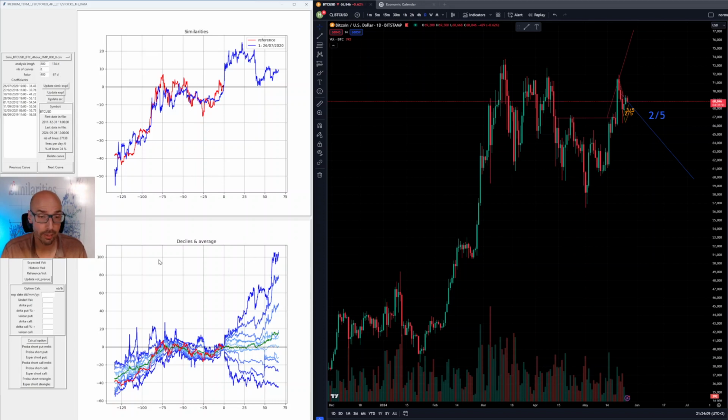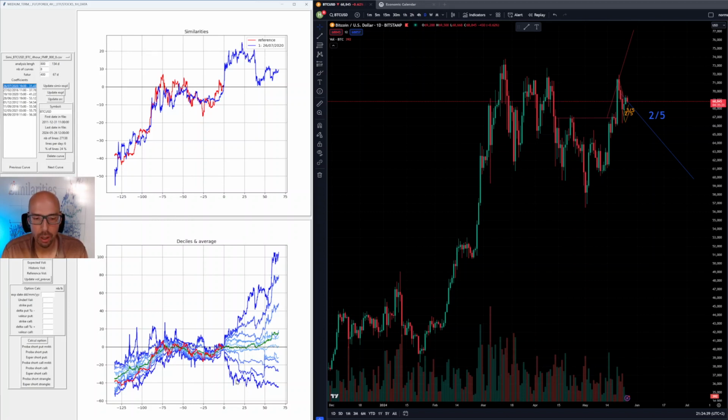Okay, so, all right, another parenthesis. This graph here is in red the actual period, and in blue the best fitted curve that is printed. Down here, this window is the statistical analysis of the 8 curves. In green, I have the average of the 8 curves, and in blue, the deciles.